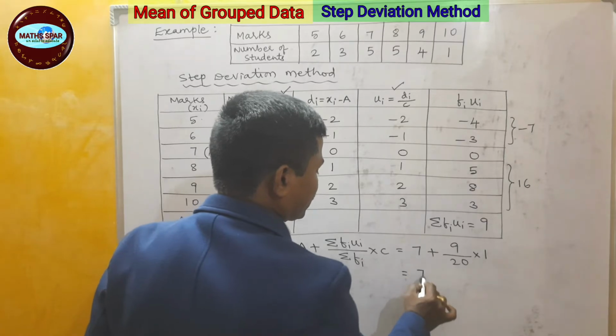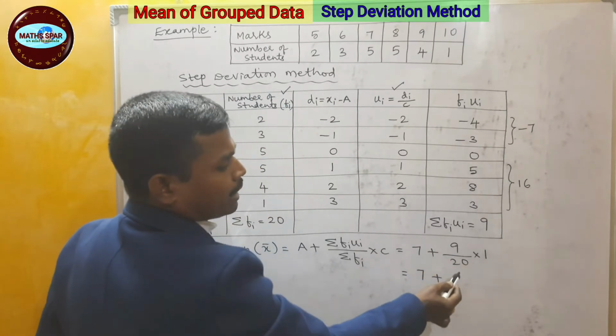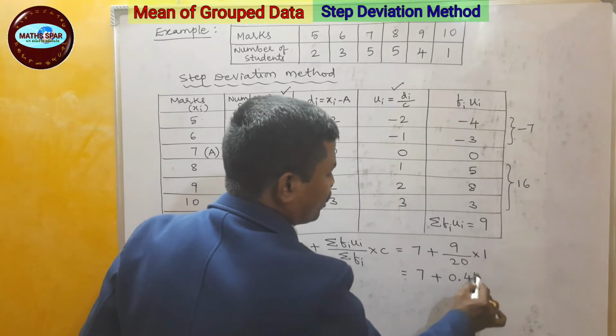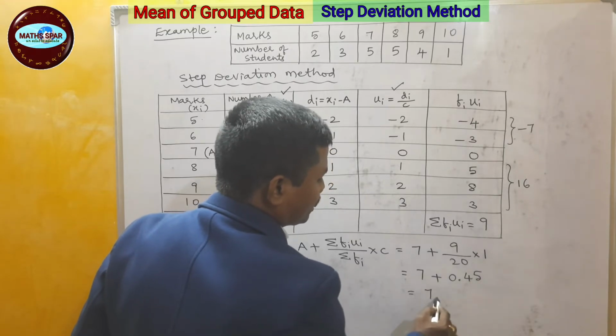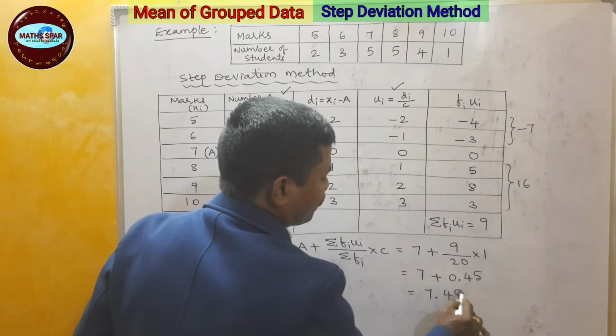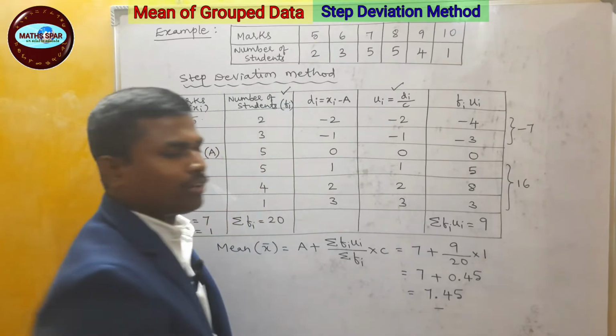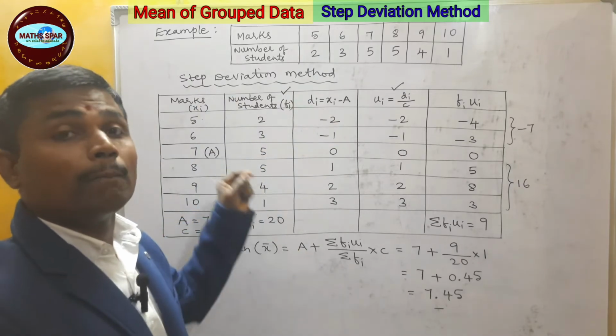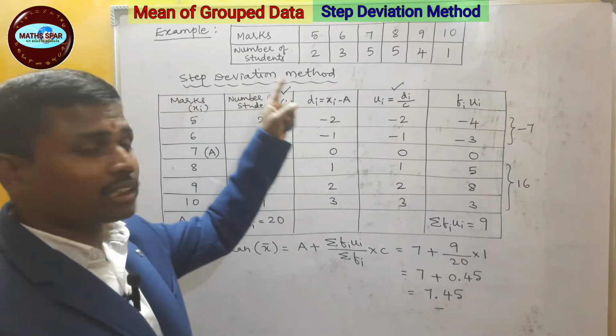So here it is 7 plus 9 by 20. 9 by 20 is 0.45. So that is 7.45. So 7.45 is the mean of the given distribution by the step deviation method.